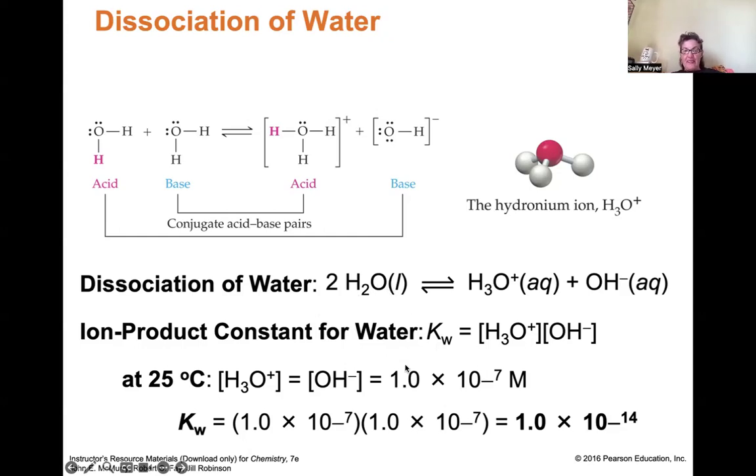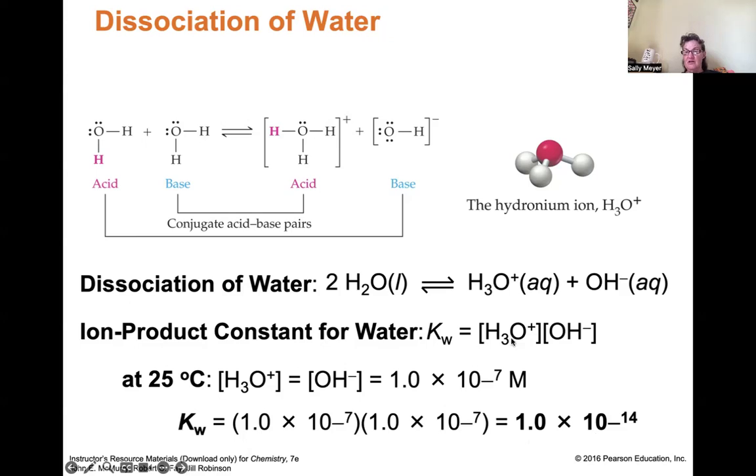So that's 1. So the equilibrium constant for this reaction would just be the hydronium ion times hydroxide ion concentration. And at 25 degrees, the value for Kw is 1 times 10 to the minus 14.